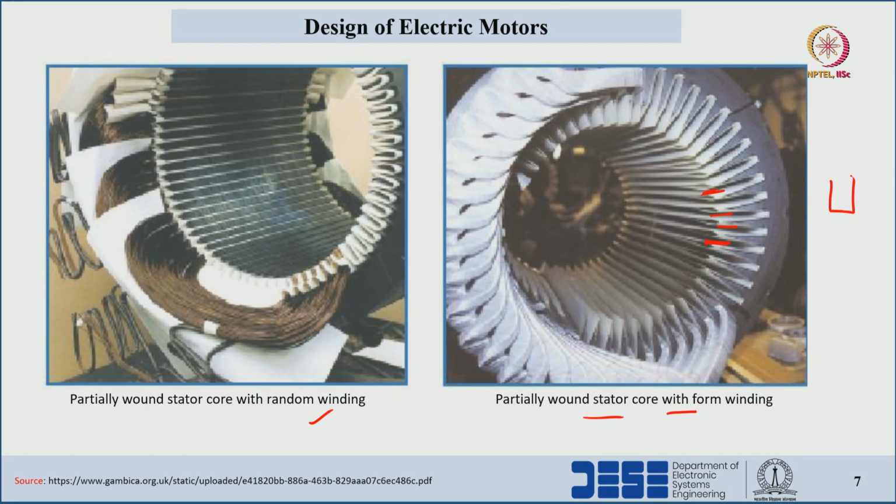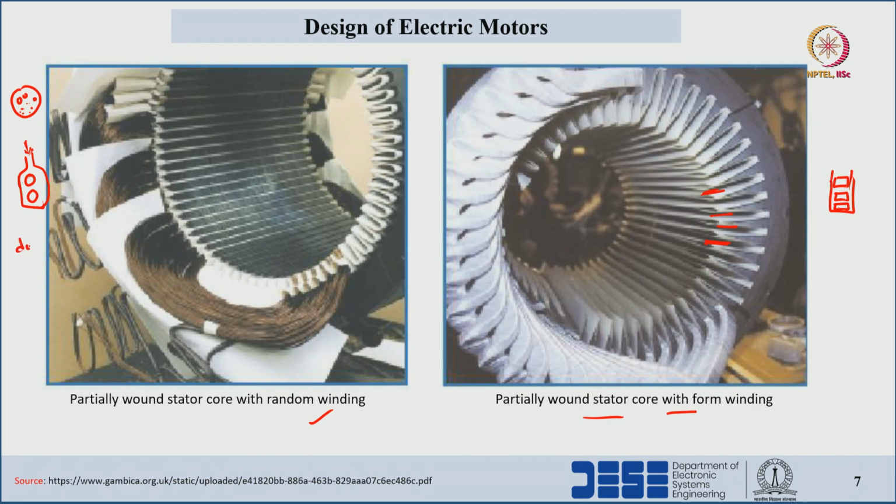So, in this slot rectangular formed coils will be placed one on top of the other, whereas in this case the slot opening will be like this, and one conductor will be pushed into the slot. Okay. A coil consists of n number of conductors, and one by one we have to insert them.